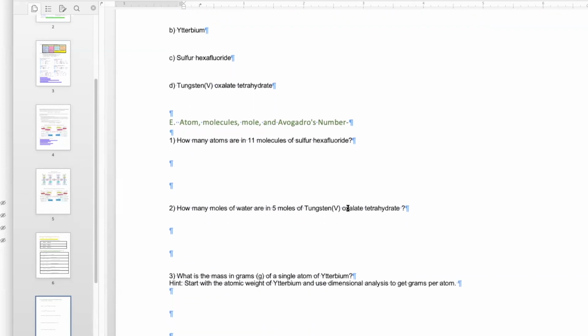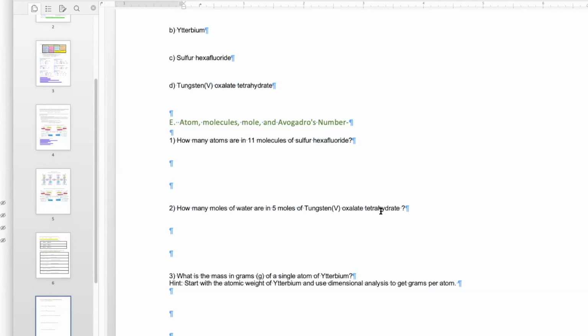This one right here, how many moles of water are in 5 moles of tungsten 5 oxalate tetrahydrate? Well, 1 tungsten 5 oxalate tetrahydrate has 4 waters, one of them, okay? So if you've got 1 mole of that guy, then you would have 4 times Avogadro's number.